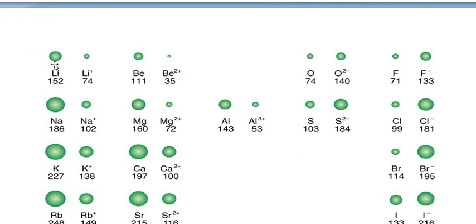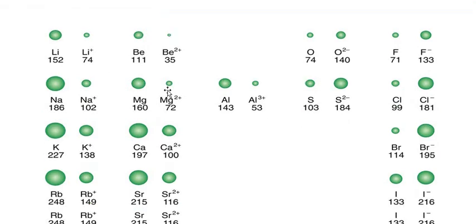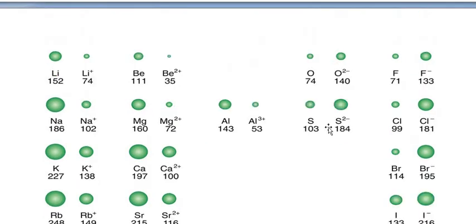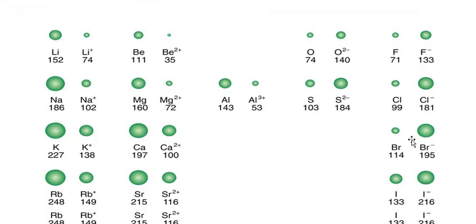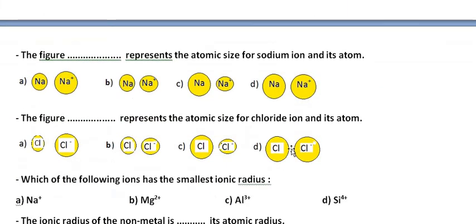Here are examples: lithium atom, lithium ion, smaller; bromine atom, bromine ion, smaller, and so on. Here are anions. This is the fluorine atom, small; fluoride anion, larger, and so on with other anions.